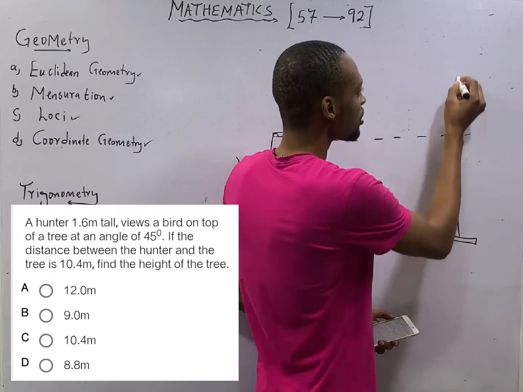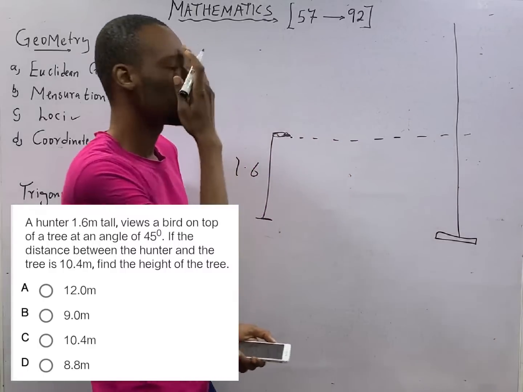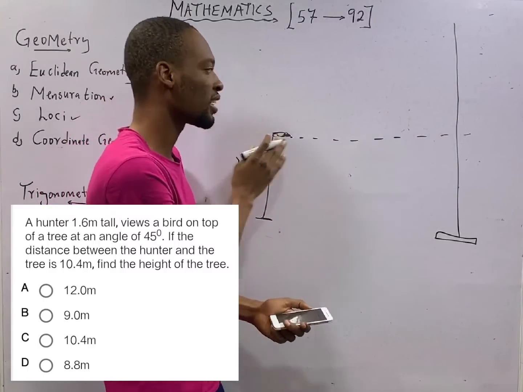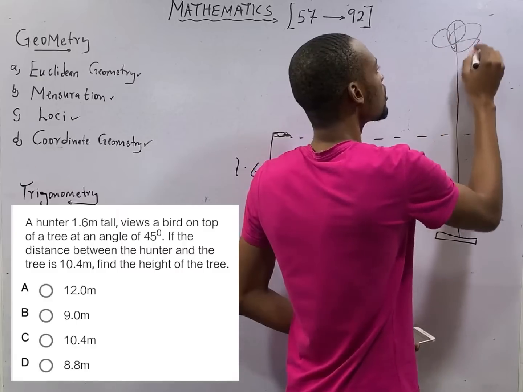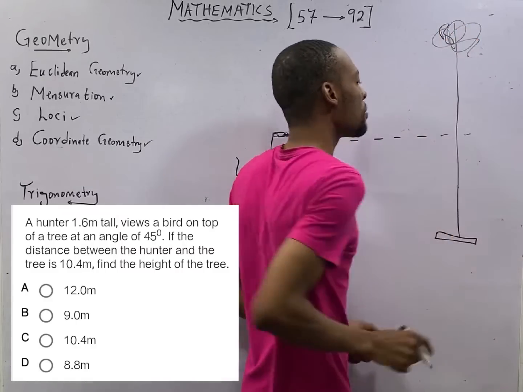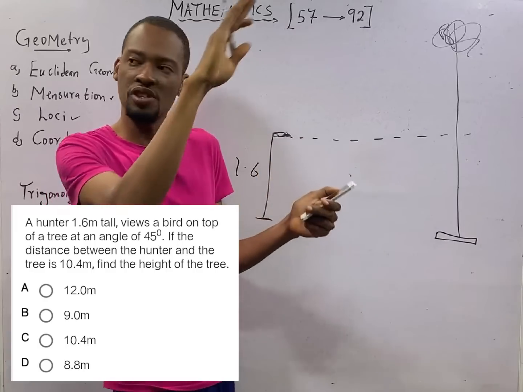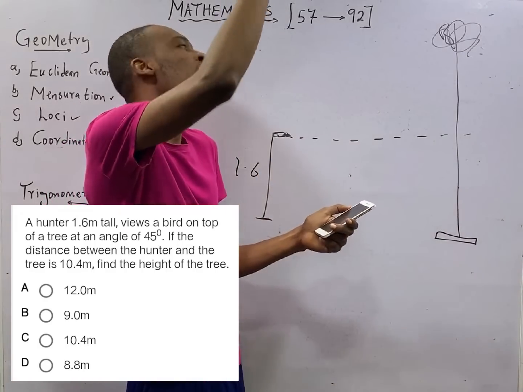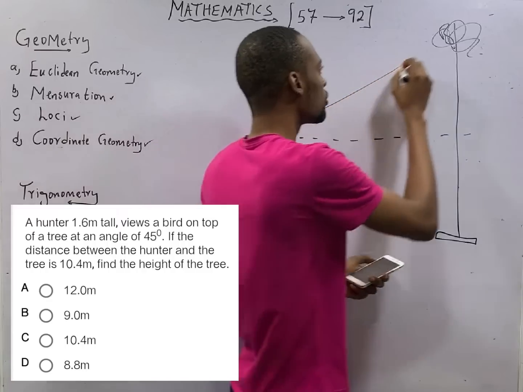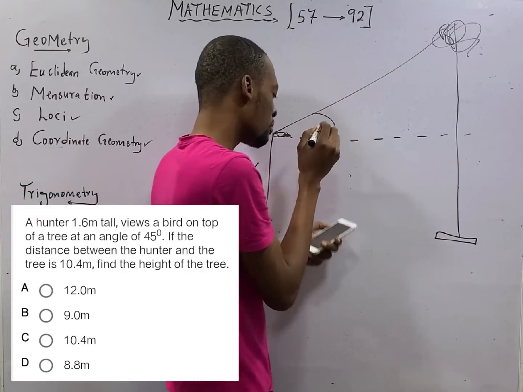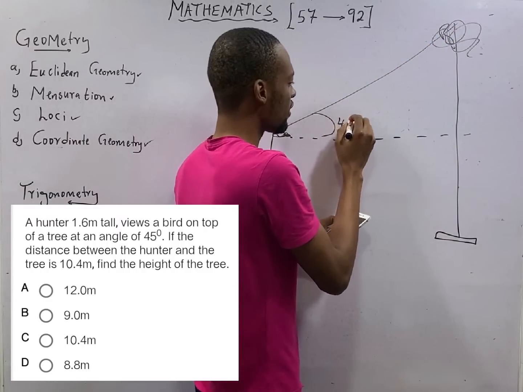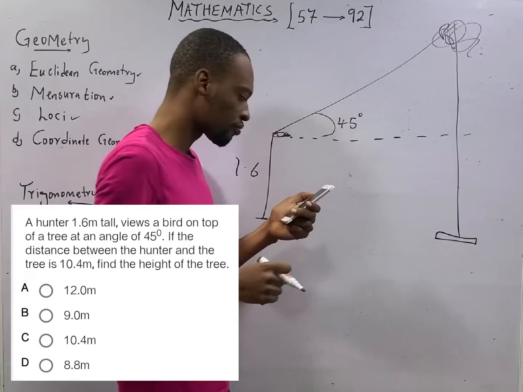And the tree is obviously taller than the eye level of the hunter. So this is a tree and this is a bird on top of a tree. This guy views the top of a tree. That is obviously angle of elevation, from his eye level to the top of a tree. And the angle made is 45 degrees.